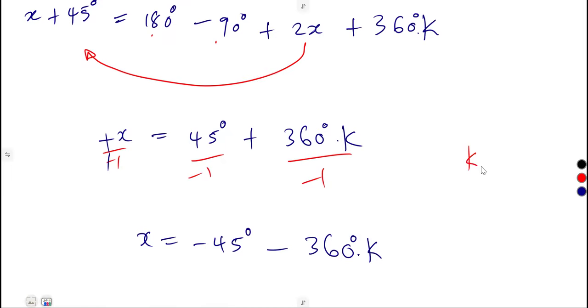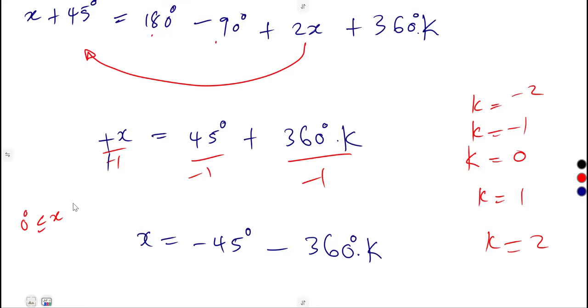So for the values of k, we're going to try 0, negative 1, negative 2, positive 1. We're going to see that all these values will be outside of the given interval. Remember, our x is from 0 to 180 degrees, as we are given before. So when you put a negative 1, this will be out of the interval.